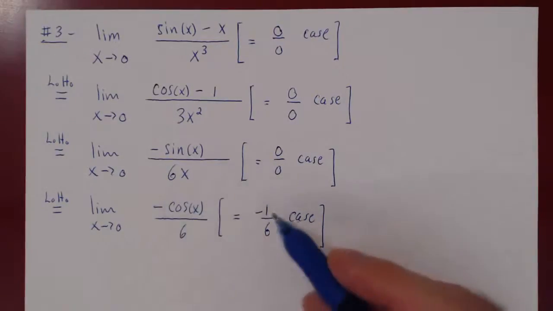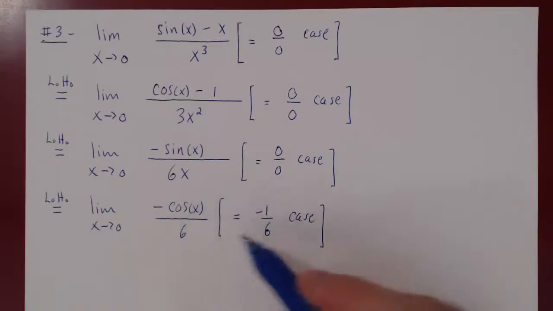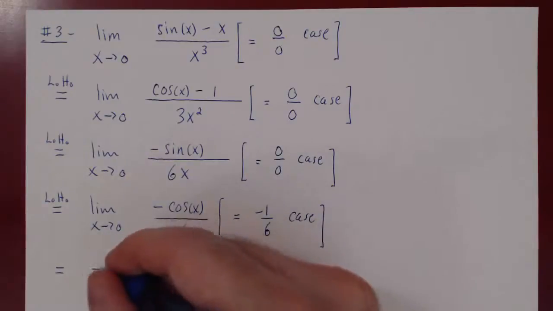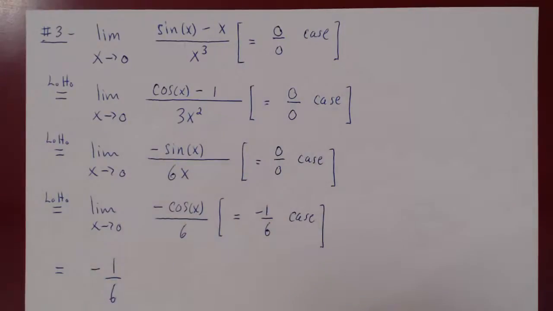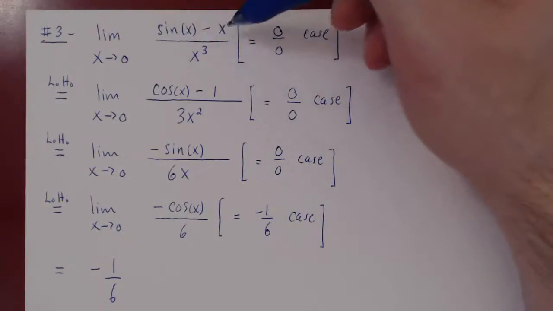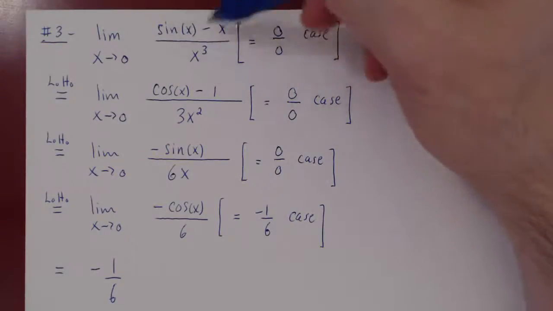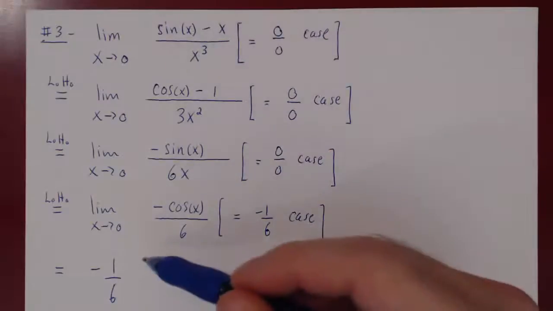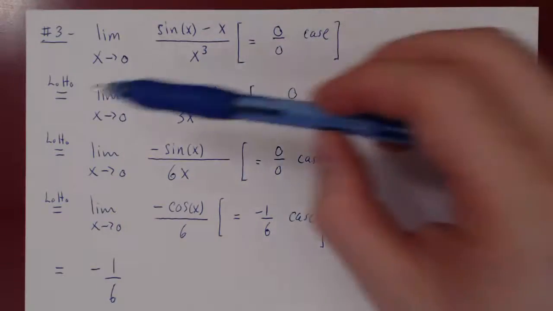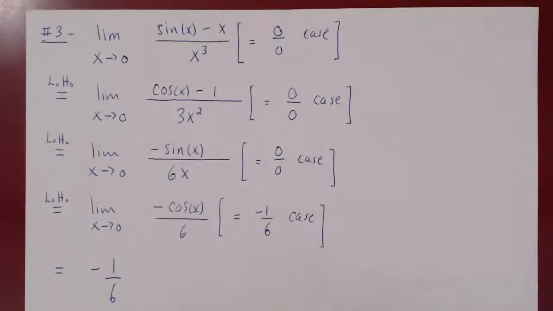The numerator approaches negative 1, the denominator is 6, so we get the limit of negative 1 over 6. And so there you have it. As x approaches 0, sine of x minus x over x cubed will be getting closer and closer to negative 1 over 6, using L'Hopital's rule not only once, but 3 times.